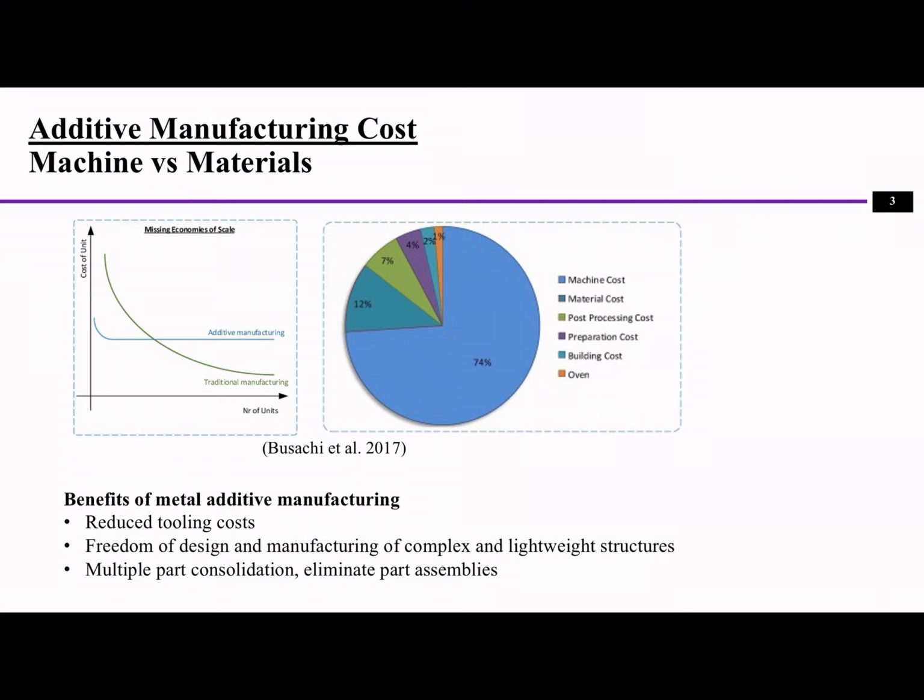This way we can create really lightweight structures, and for those designs there's a better option to make prototypes with additive manufacturing instead of traditional machining or casting or other processes. And also in additive manufacturing, because we are making the whole part, it eliminates part assemblies.